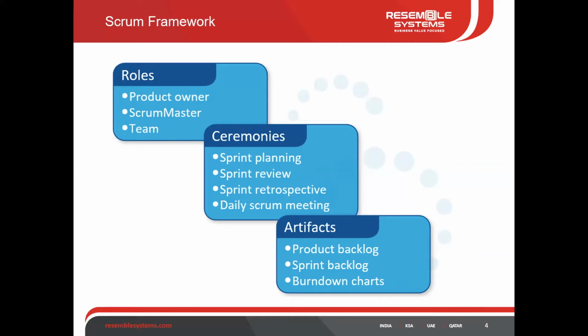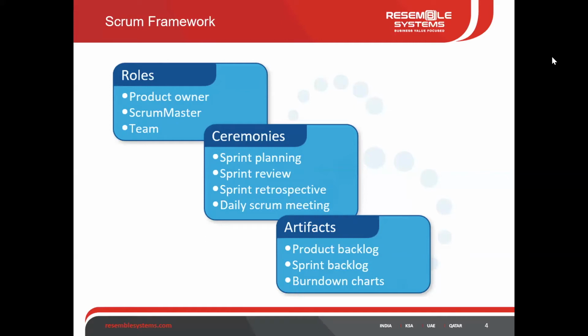Ceremonies are nothing but some processes or procedures you follow. I would call it an SOP. Then we have artifacts. An artifact is nothing but tools, or ways in which we can execute the project, or Scrum.